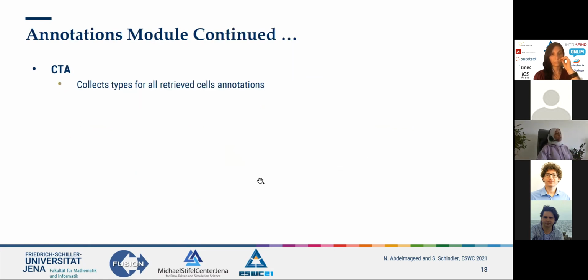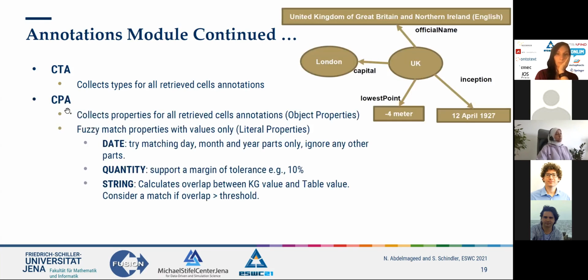For creation of CTA, or creation of types for the column, it collects types for all retrieved cells. And for the CPA, for properties, it does the same concept for object properties. However, for literal properties, we implement fuzzy matching. For example, we tolerate 10% of numbers.